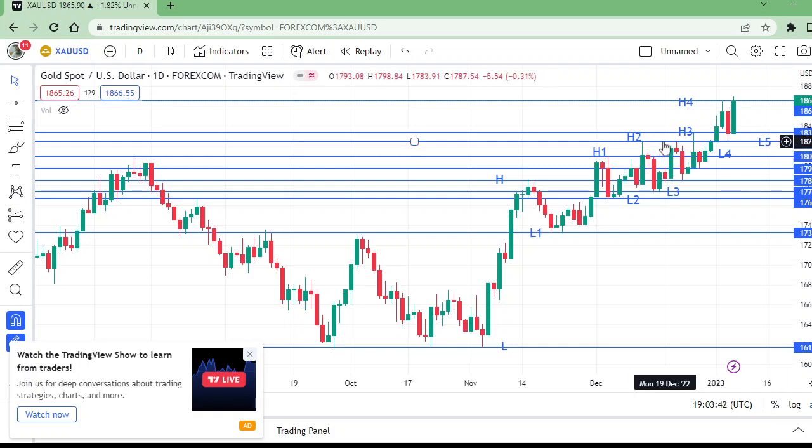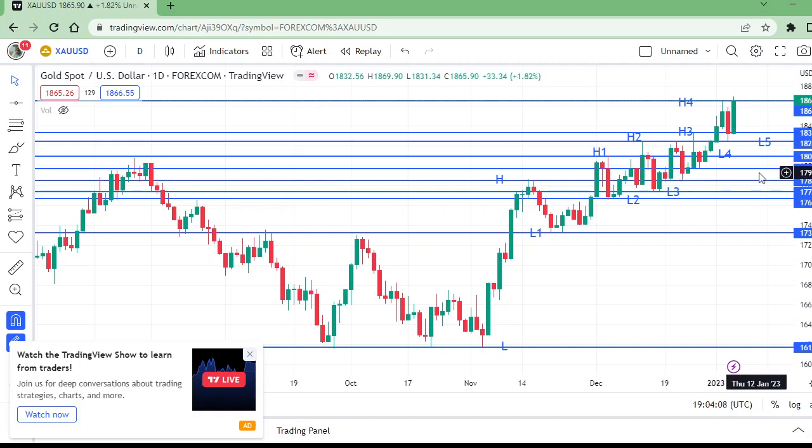From 1773 it went up for 1824. From 1824 it came down for 1784. From 1784 it went for H3, that was 1833. From 1833 it came down to 1797.